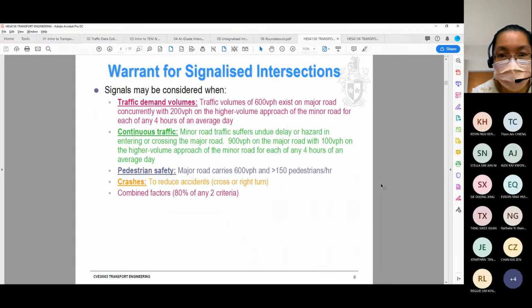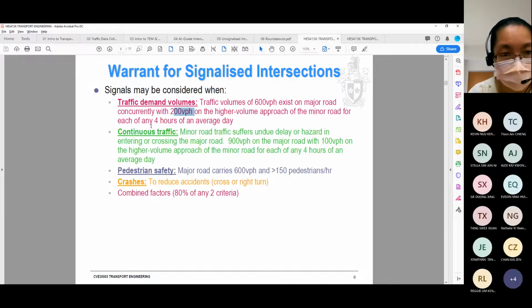So when can we use a signalized intersection? It's given to you here. If traffic demand is high, and how high is that high? Traffic volume of 600 vehicles per hour on the major road and 200 vehicles per hour on the minor road.